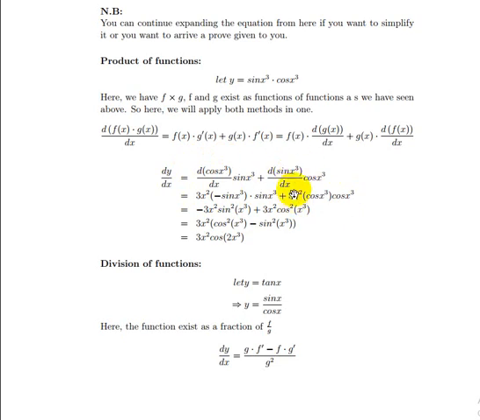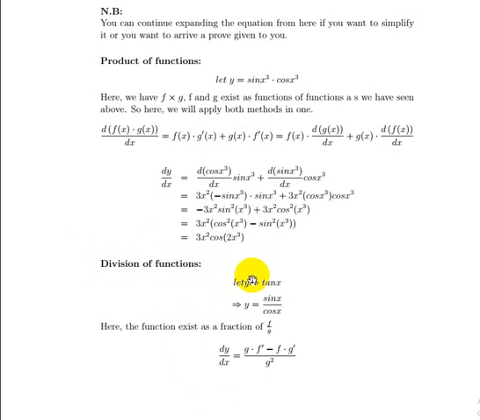To differentiate x cubed is 3x squared, and differentiating the external function gives cos of the internal function, cos of y, and y here is x cubed. So I just substitute, expand and solve, and I'm going to have the answer as such.